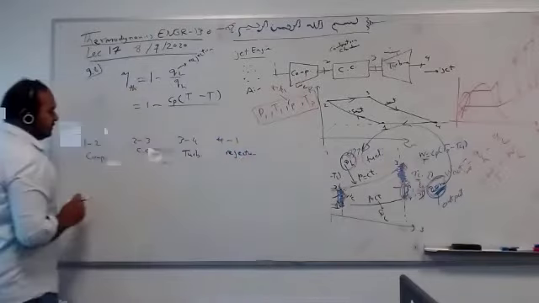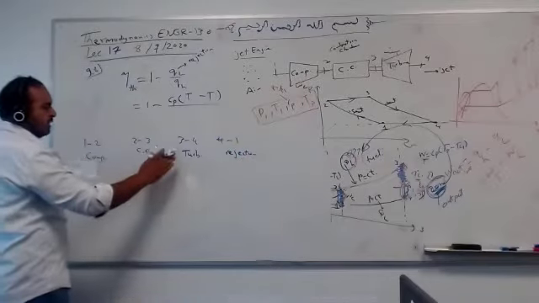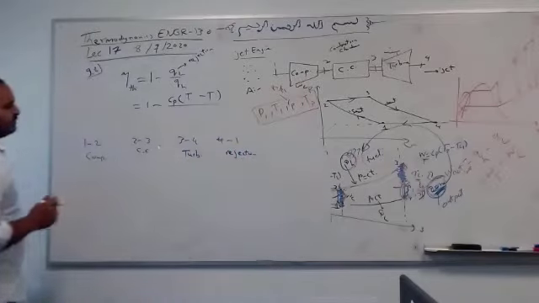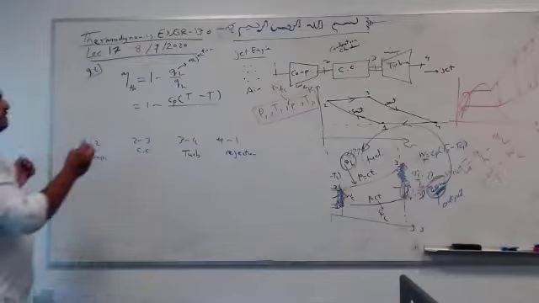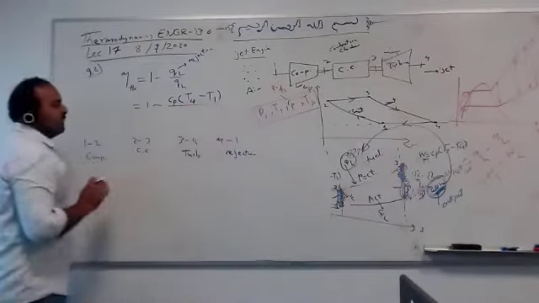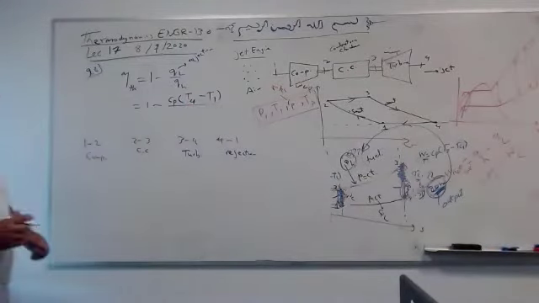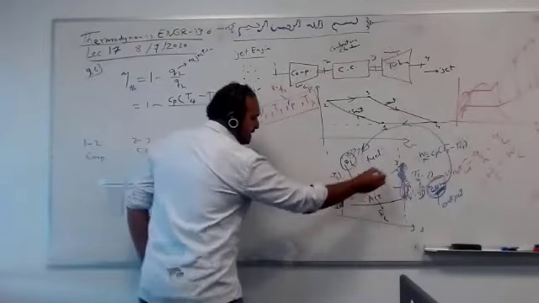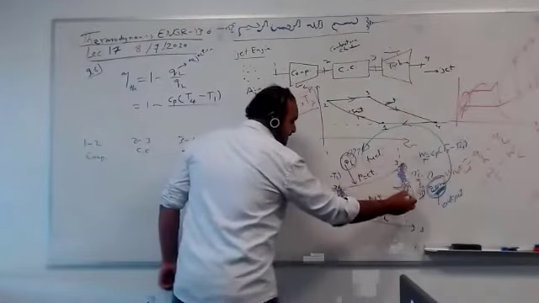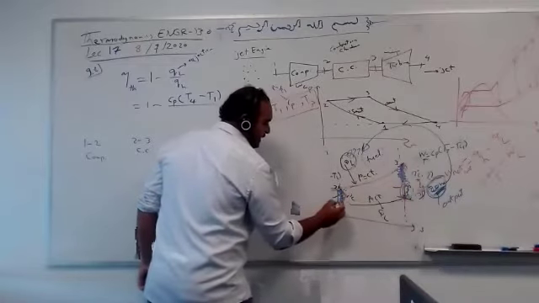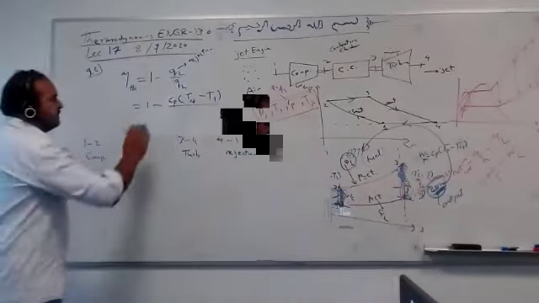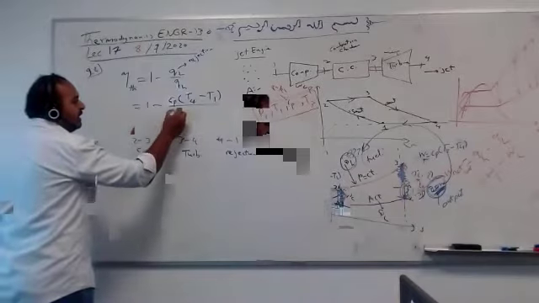So which one is Q low? T4 minus T1. Perfect. Bigger minus smaller, always. Look at the chart: this temperature is bigger than that because the curve has slope. So of course T4 is bigger than T1. So T4 minus T1.